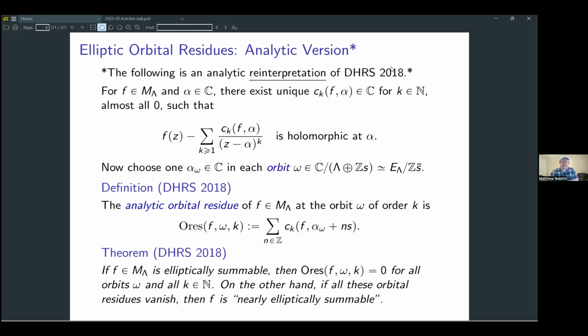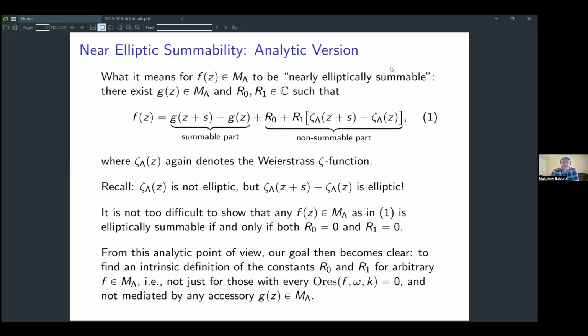So what does that mean exactly in the analytic case? What they show is that you can reduce f by this summable elliptic function, g(z+s) minus g(z), and the remainder can be expressed in terms of zeta functions, right? It is this constant term r0 plus this difference of zeta(z+s) minus zeta(z), which is in fact elliptic, right?